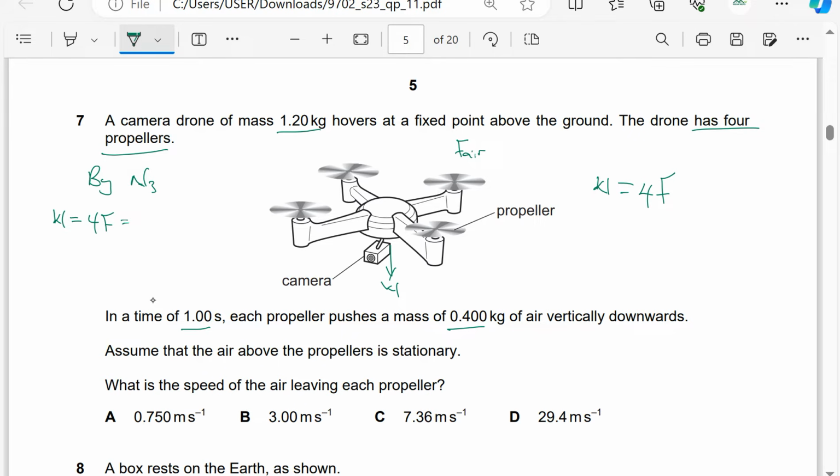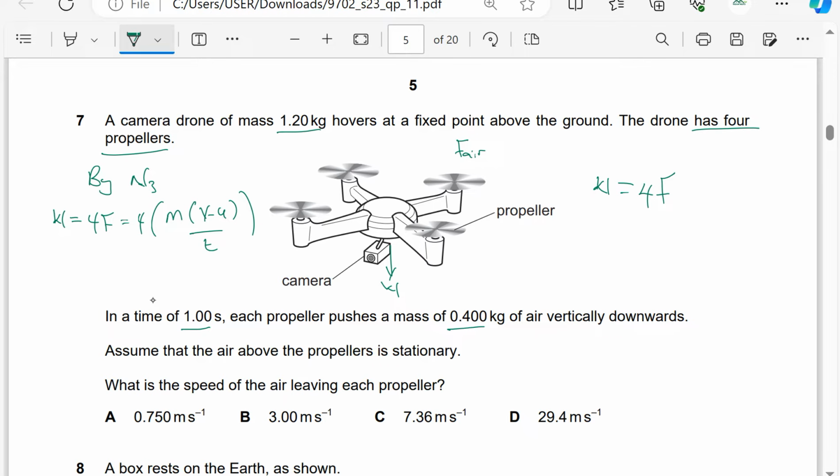But again, by Newton's second law, the force is equal to mass times acceleration, or it is the rate of change of momentum. So this is going to be 4 times the mass of the propeller, of course, times change in momentum, so times V minus U divided by T. If I assume that the air above the propeller is stationary, and we want the speed of the air leaving each propeller, then final velocity will be 0, and initial is what we want to find.